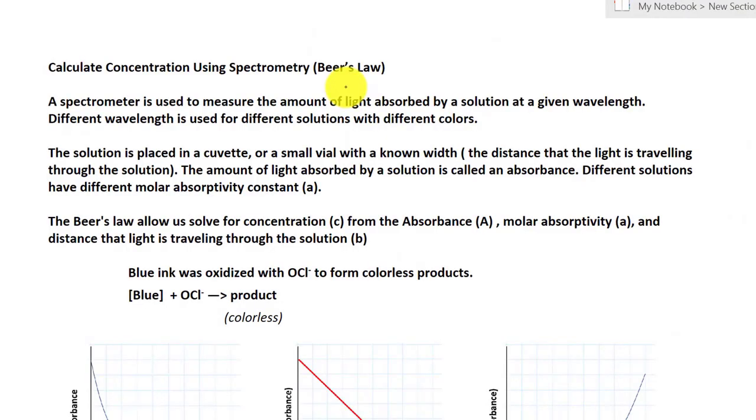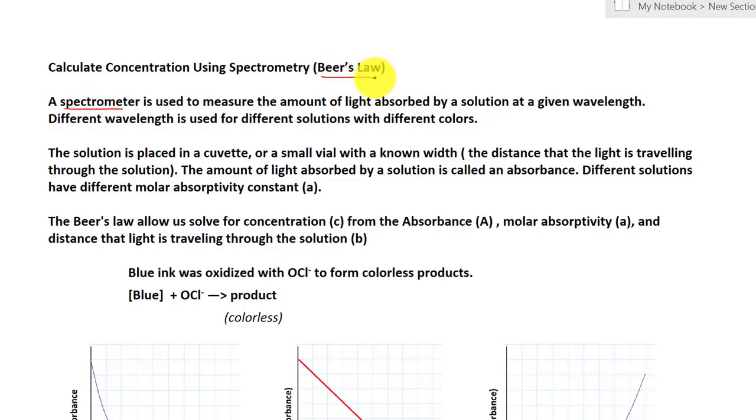In the previous lessons, we learned how to calculate the rate law of a chemical reaction by looking at the changes in concentration of reactants over time. Now, how do we determine that concentration? Well, using a spectrometer and the Beer law.